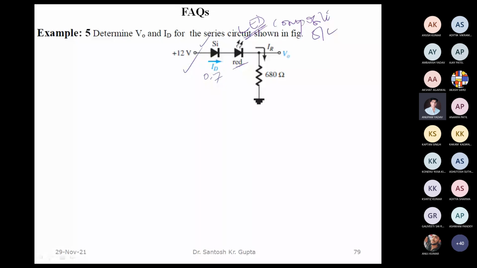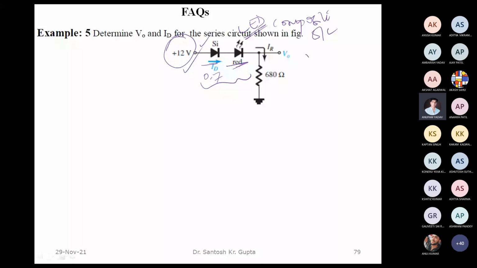In such a case we have to see whether our applied potential is greater than the total voltage required to turn both diodes on. If it is less, then these diodes will be off, and if it is greater than both values added together, then they will be on.